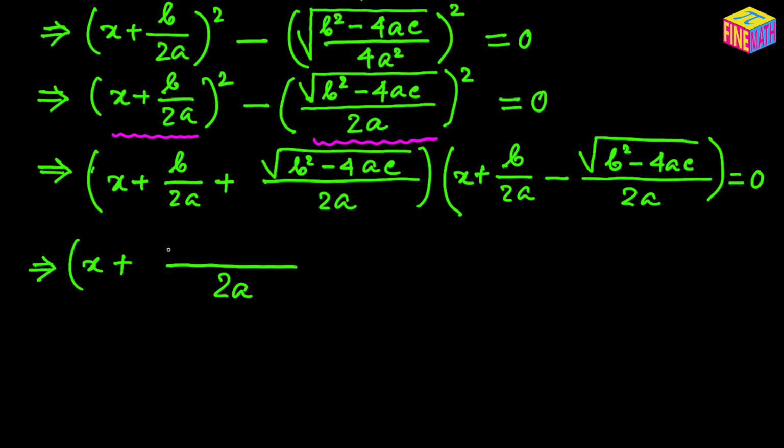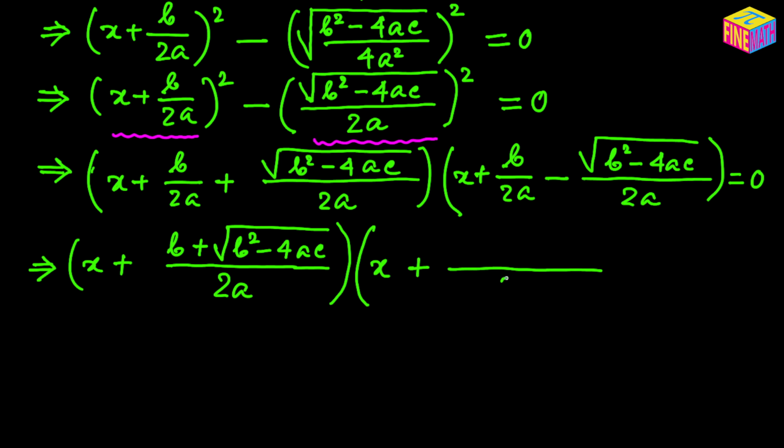And we can say, okay, this is positive b, and then plus root over b square minus 4ac, times x plus... Here again, if we combine them together, they will be b minus root over b square minus 4ac, and this product is equal to 0.